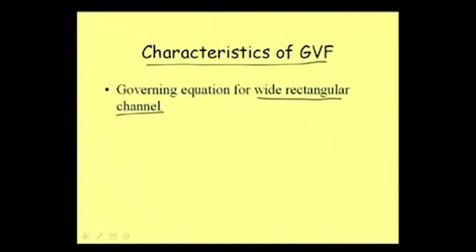Well, we know that the gradually varied flow equation is dy/dx equal to (SB minus SF) divided by (1 minus Q squared T by g A cubed). That expression we all know.